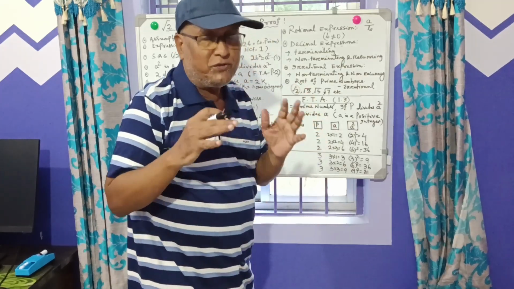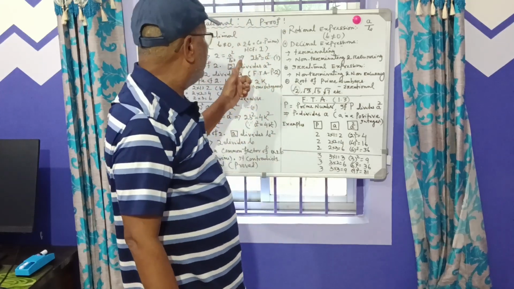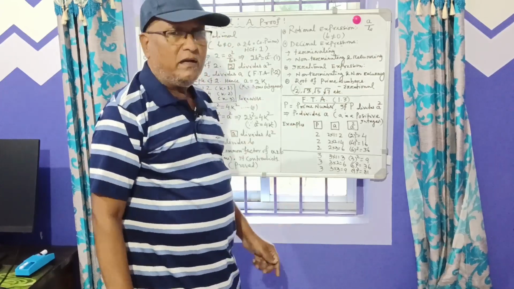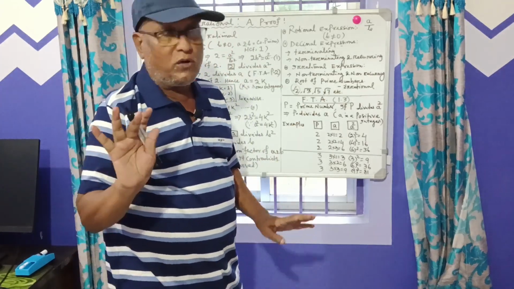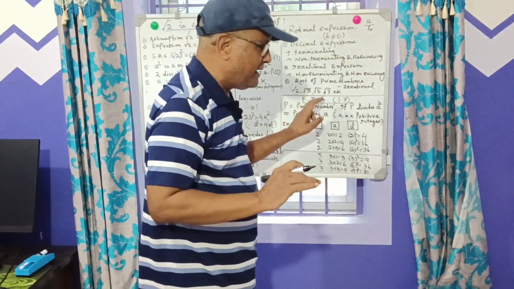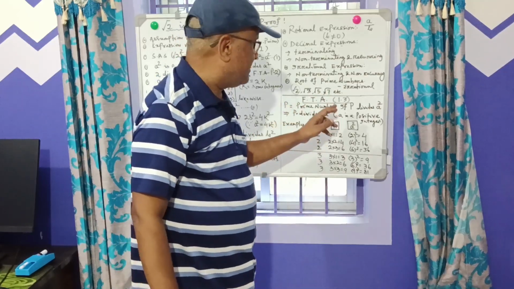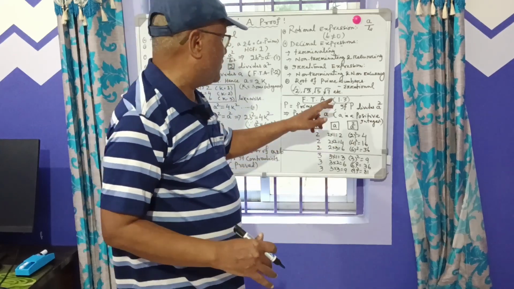And dear students, please remember, the proof that root 2 is irrational is exclusively based on a theorem called the Fundamental Theorem of Arithmetic. That is Theorem 1.3 given in your textbook.